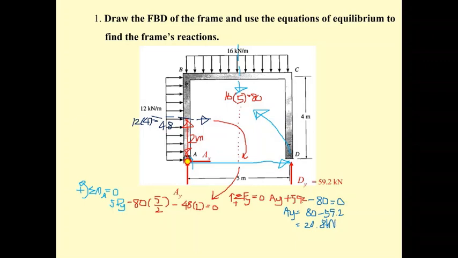So you have A sub y here as 20.8 kilonewton.